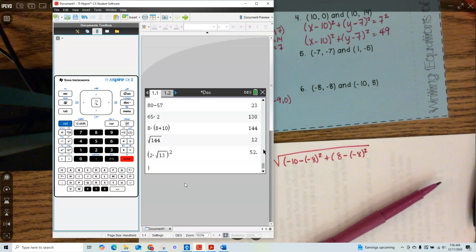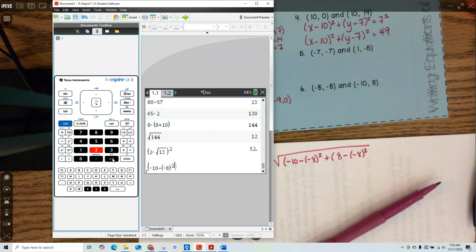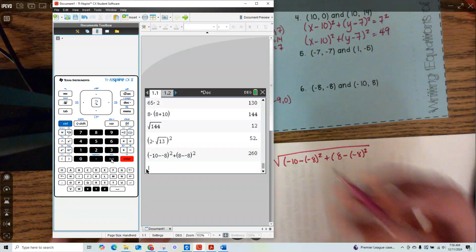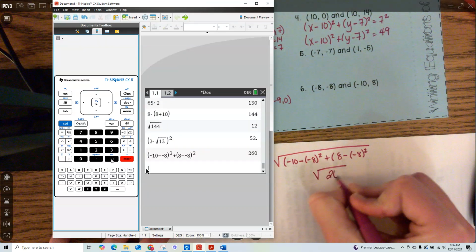Negative 10 minus negative 8, squared, plus 8 minus negative 8, squared. Sorry, I missed a parenthesis. And I get the square root of 260.